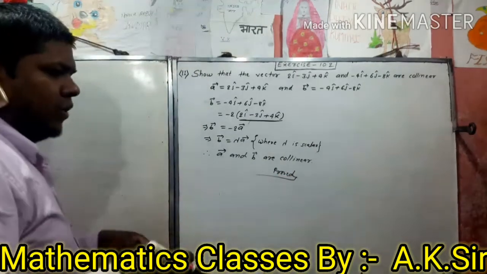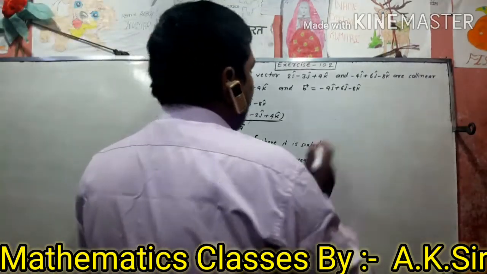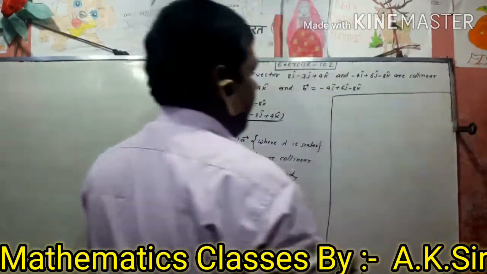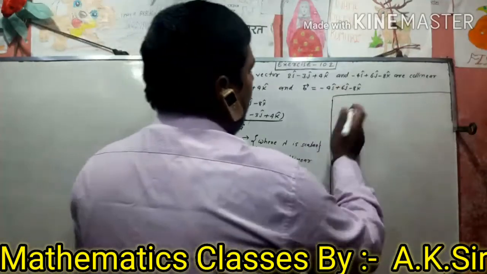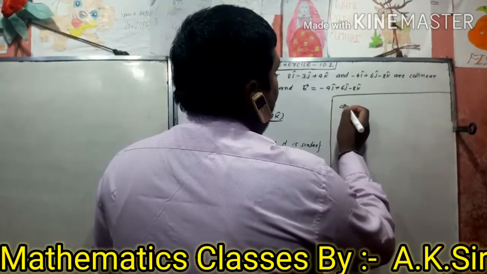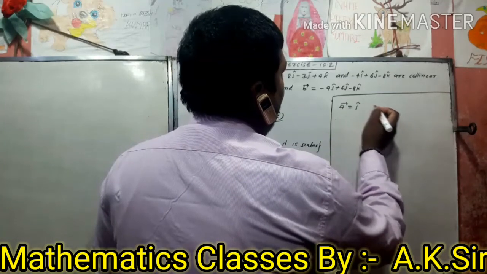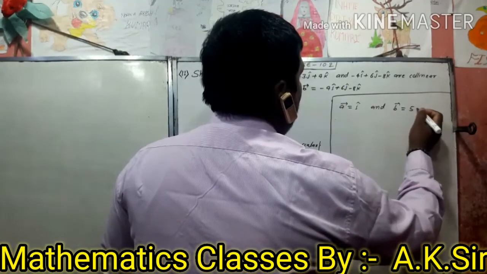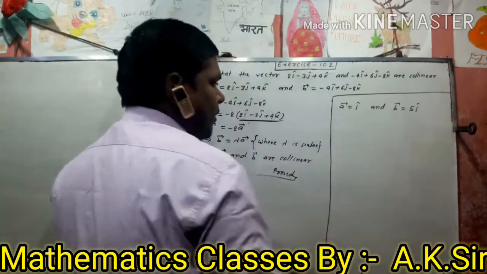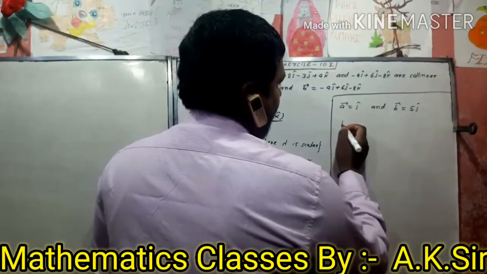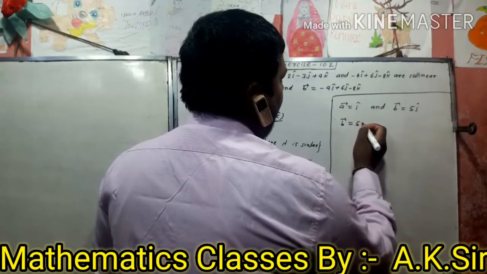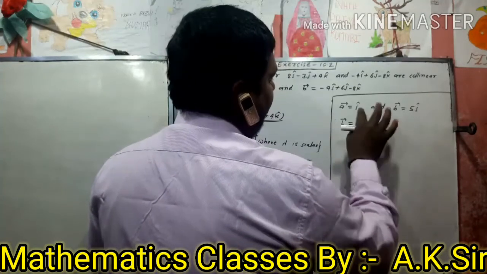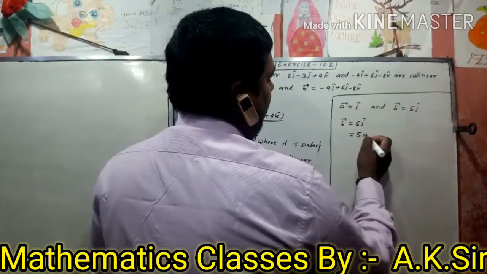Proved. We see some examples of collinear vectors. Let A vector is equal to i cap and B vector is equal to 5i cap. Here we see that B vector is equal to 5i cap, which is equal to 5 times A vector.